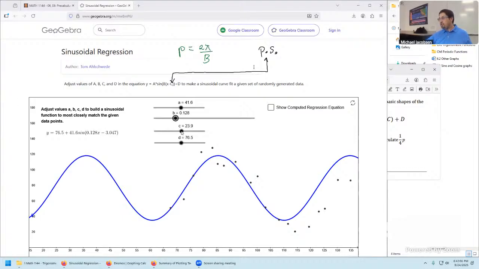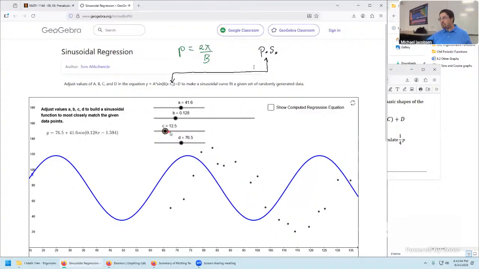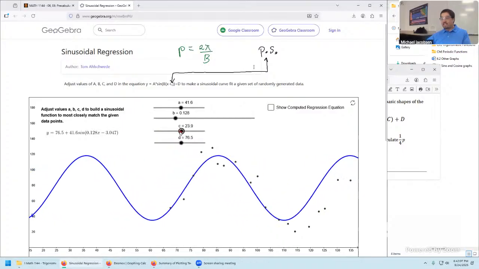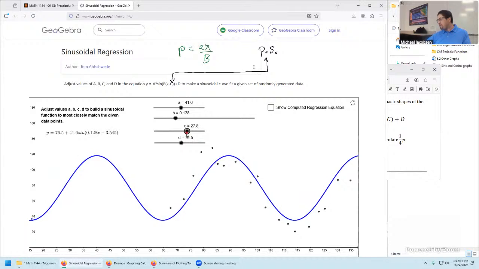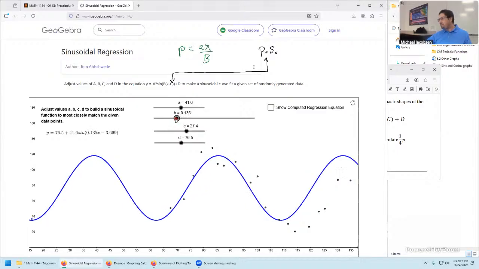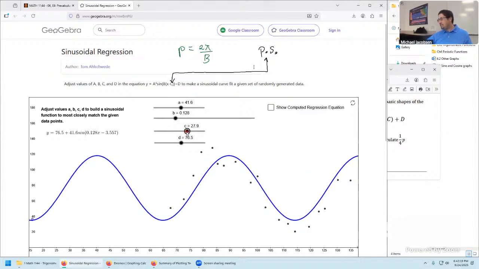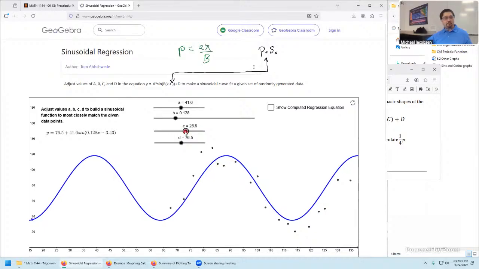So if we take the C coefficient as a slider, just literally going to drag it to the left and to the right. So that's kind of nice. So where are we going? Well, maybe about here. The more I drag it, the more I might want to mess with B a little bit to make it either more compressed or less compressed. But we're not trying to get it perfect, just good enough.